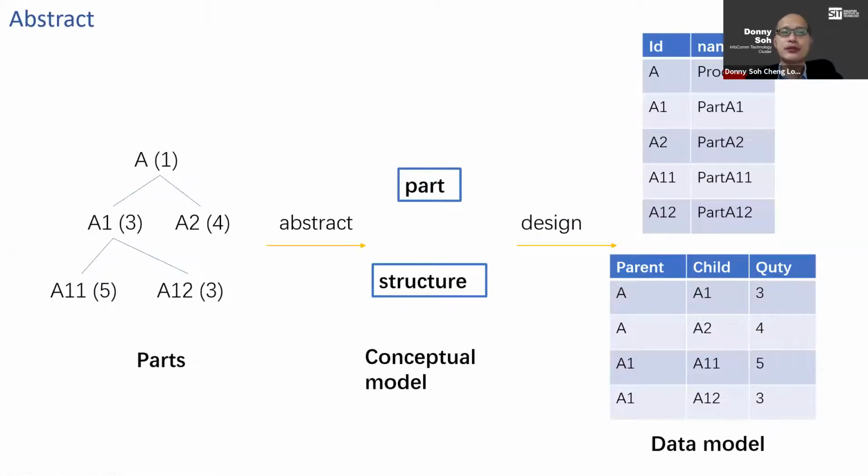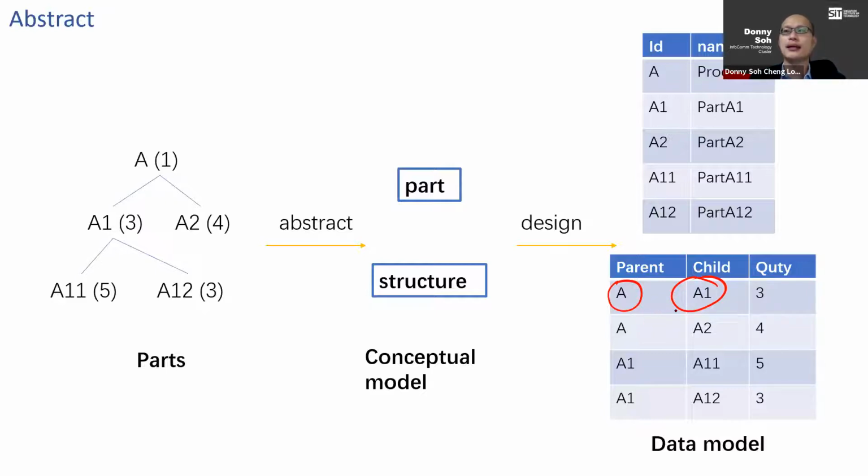So in terms of abstraction, what we have is that we may have the parts of how different data is being linked to one another. So for example, look at these, these are the parts that are really linked to one another. Maybe let's go through this table first to make it a little bit more clear. So let's say you have entity A, and you also have entity A1, and you want to say that A is a parent of A1.